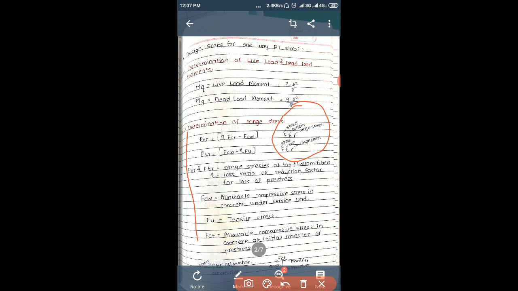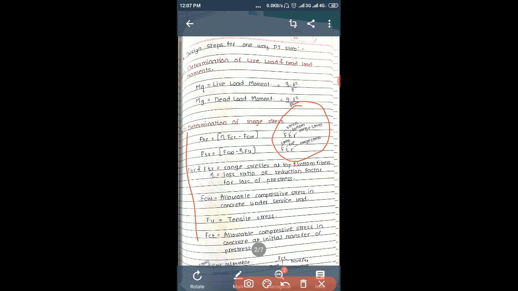So range stress at the bottom fiber. And FTR: F is for stress, T for top part, and R is for range stress. So range stress at the top fibers. Okay, this is the simplification of these symbols.